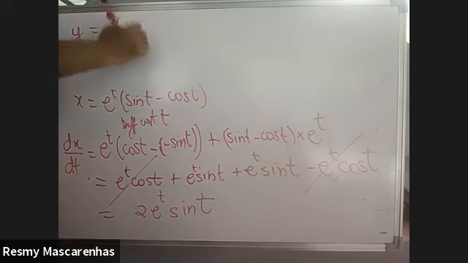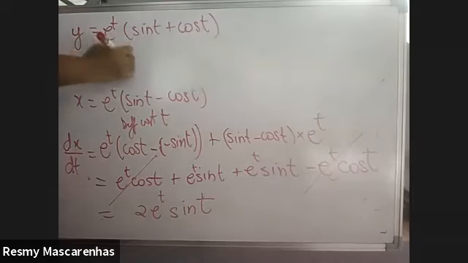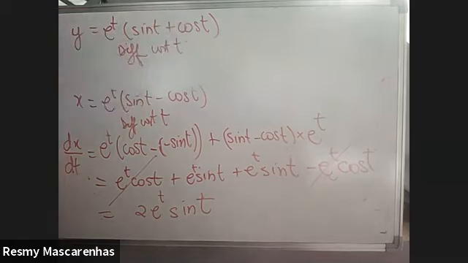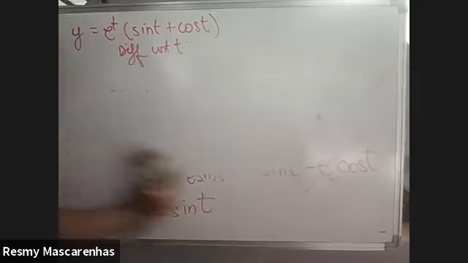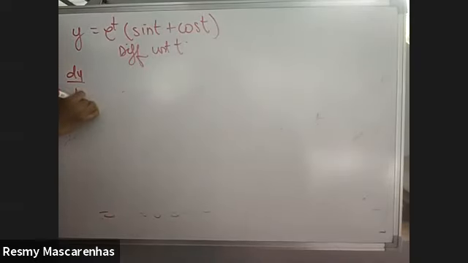y is e raised to t into sin t plus cos t. So dy upon dt will be e raised to t, v into derivative of u, into derivative of v.